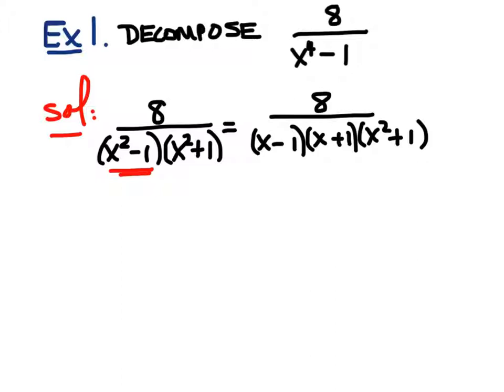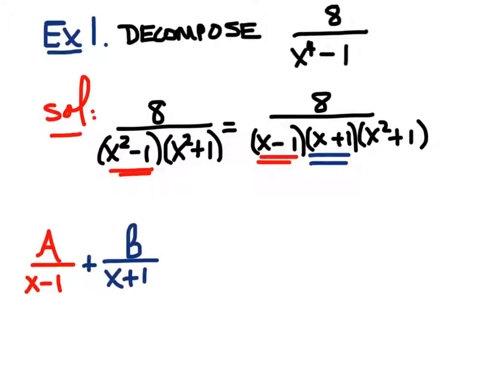And from there, we determine what the form of the partial fraction decomposition is, and I'm going to write that in red. Your first factor is x minus 1, so that has a form in the partial fraction decomposition of A over x minus 1. The second factor, x plus 1, same thing, it's a non-repeated linear factor.